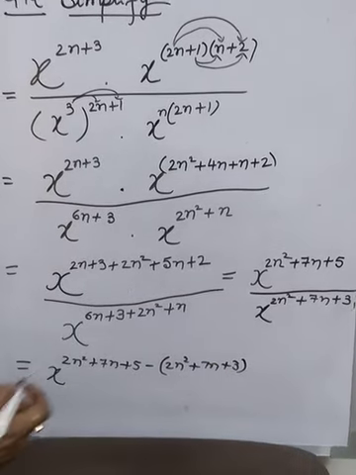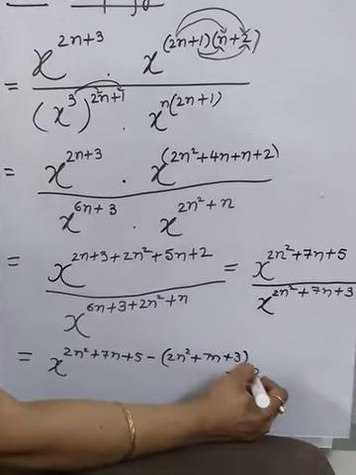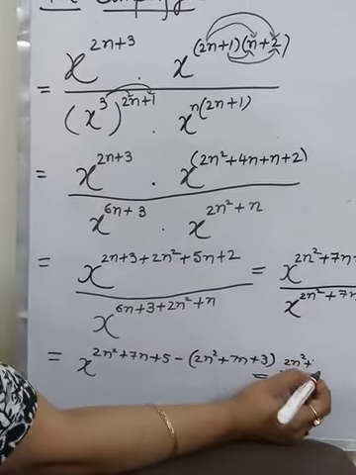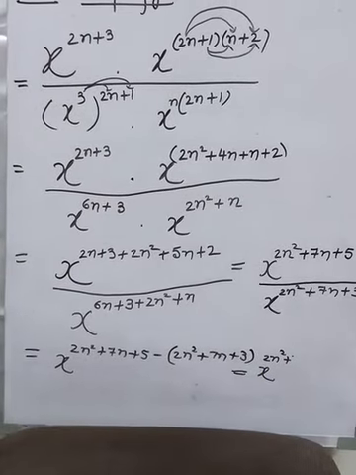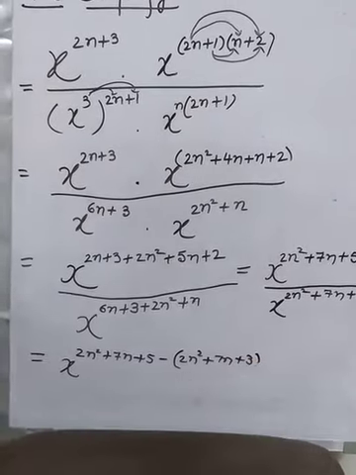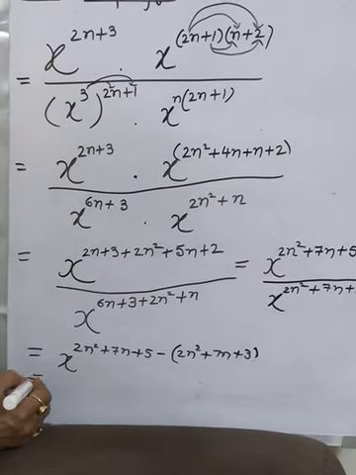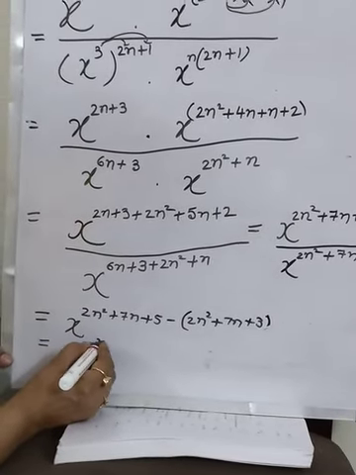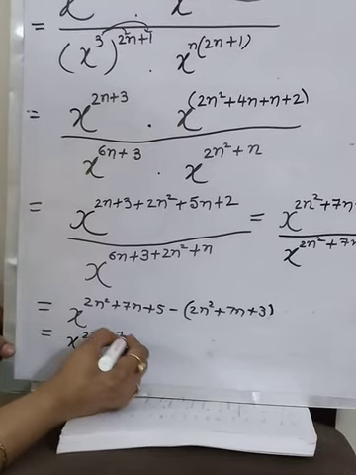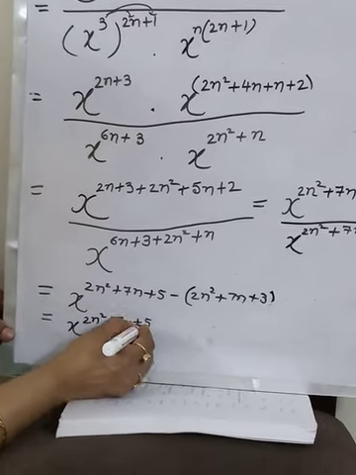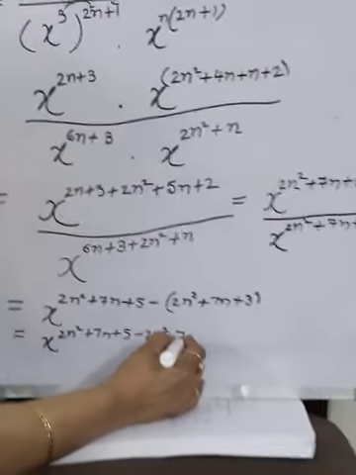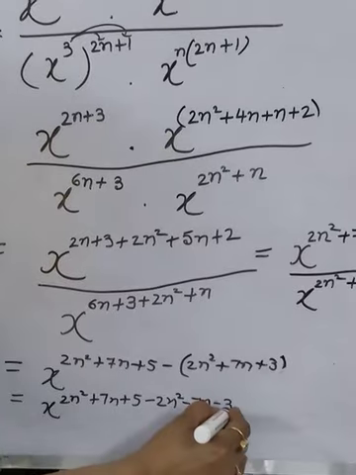Now we subtract it. x to the power 2n square plus 7n plus 5 minus 2n square minus 7n minus 3.